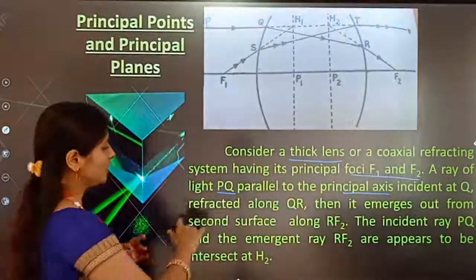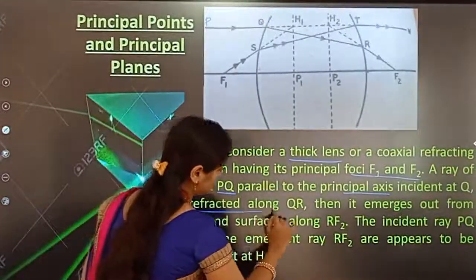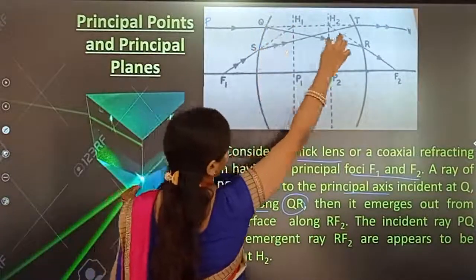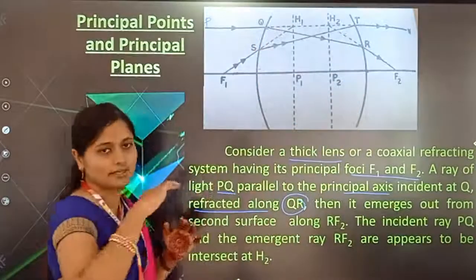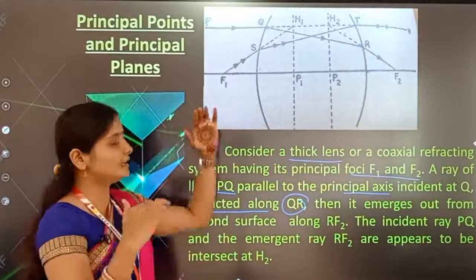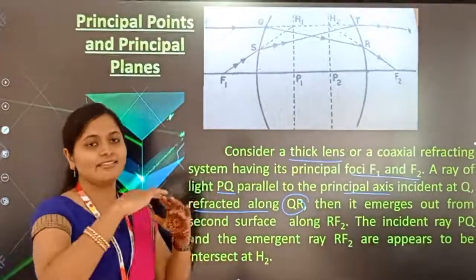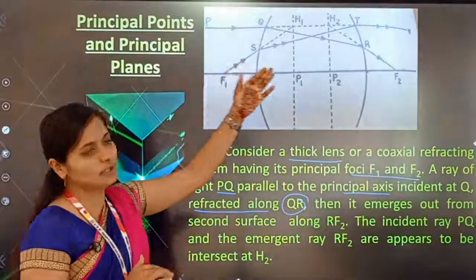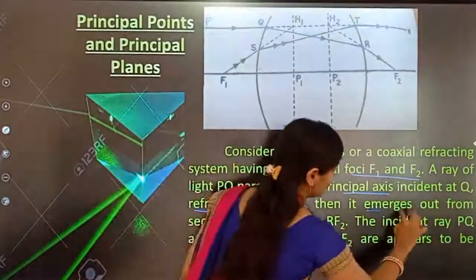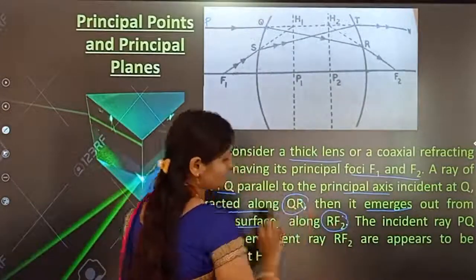Next, what happens? It is refracted along QR, from Q to R. The incident ray comes from P, meets Q, parallel to the principal axis, and then refraction takes place from Q to R. Then it emerges out from the second surface along RF2.